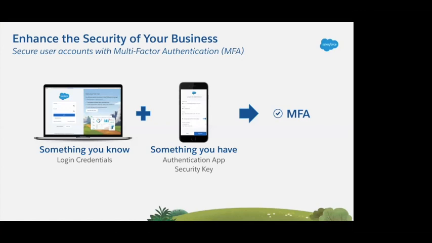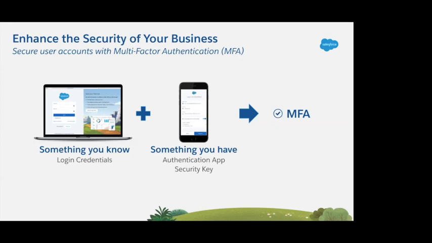All right, so MFA really is that extra layer of security for your login process, requiring users to verify their identity with two or more pieces of evidence, what we refer to as factors, really to prove that they are who they say they are. So one factor is something that the user knows, such as their username and password combination, and other factors are something that the user has.